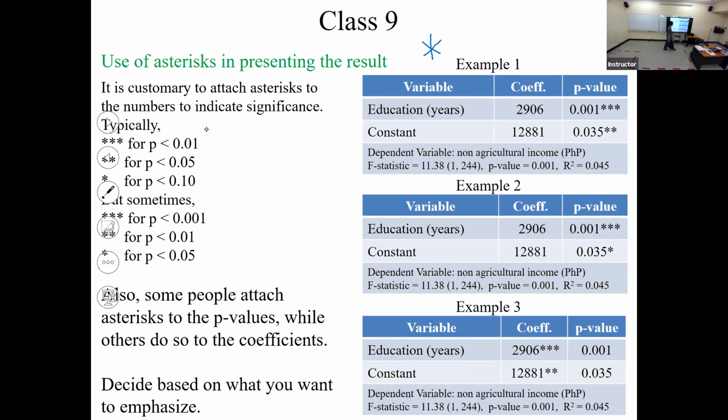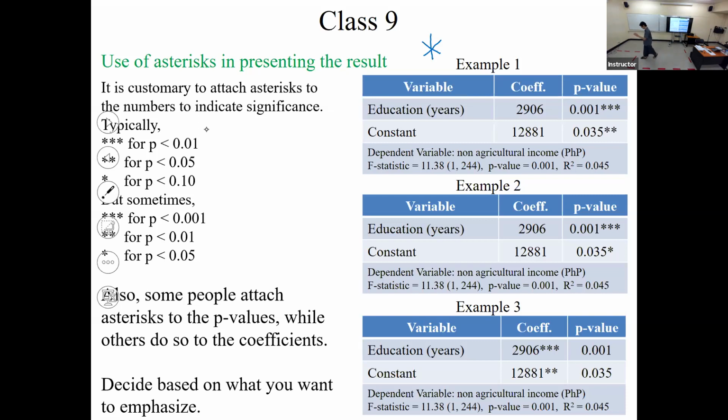But you still need to show p-values, or some kind of quantitative indicator. If not the p-value, then the standard error or t-statistic. You cannot omit it. Just putting an asterisk is not good. It's not professional when you are presenting a statistical table, because you have to allow readers to interpret it their own way.